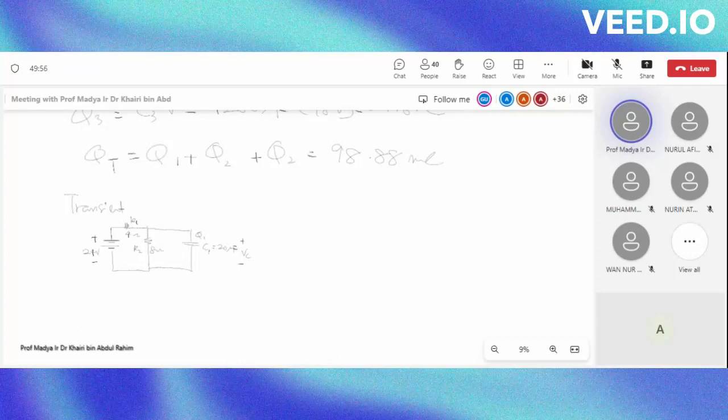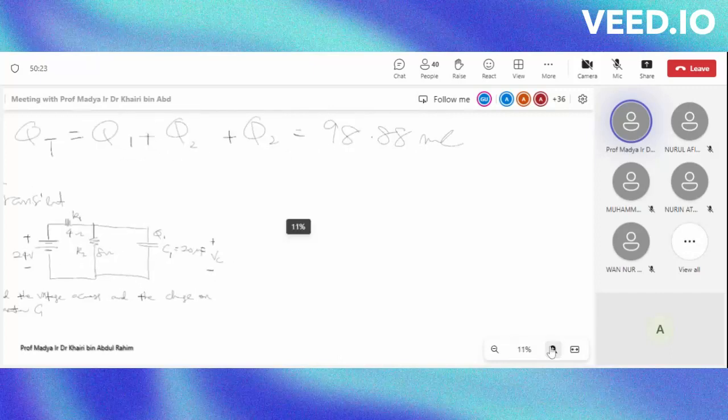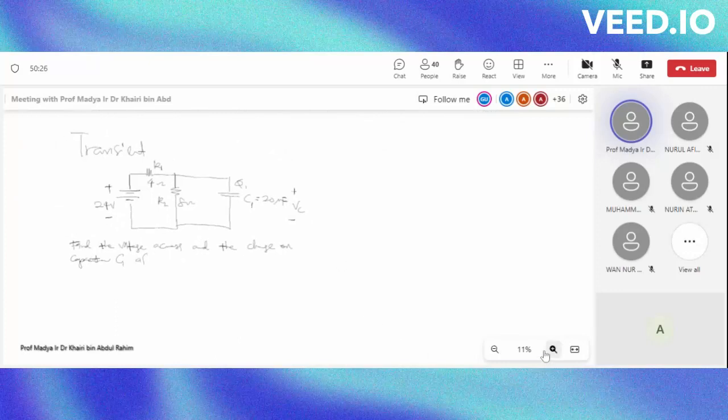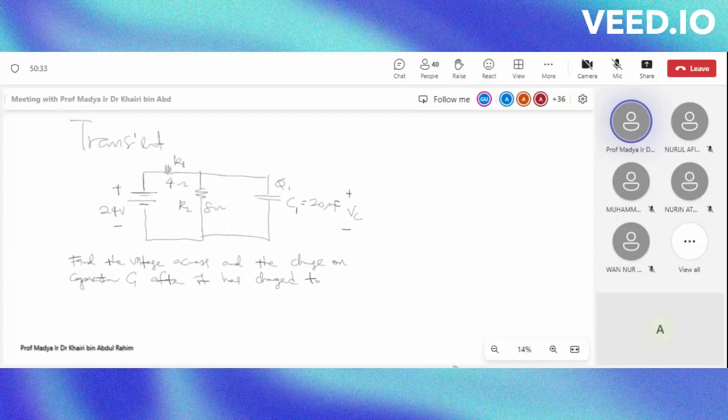So the question asks, find the voltage across and the charge on capacitor C1 after it has charged to its final value.